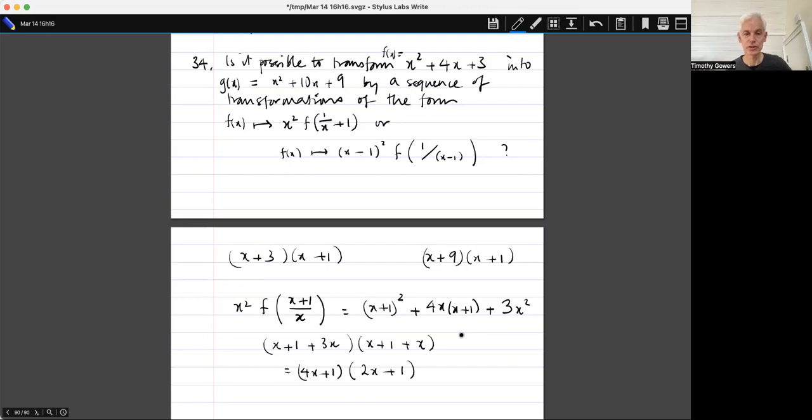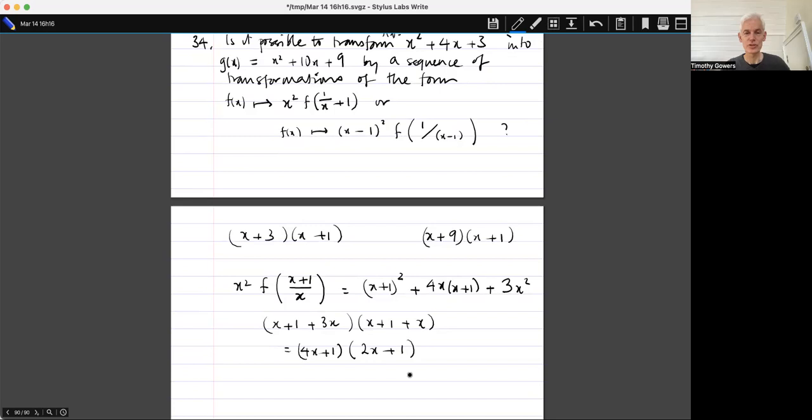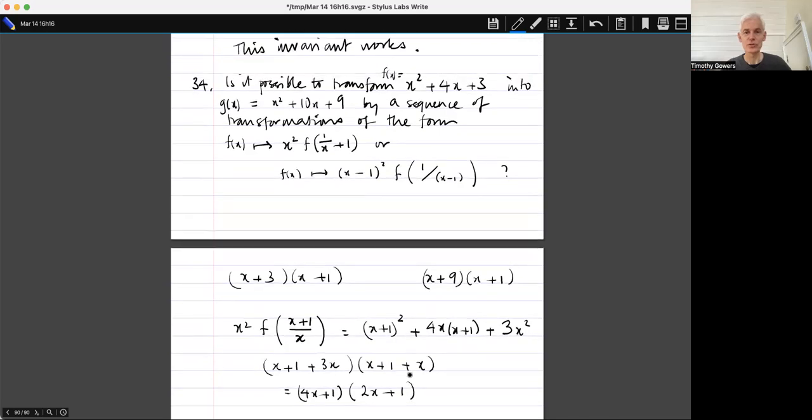I hope that's right. So it's x plus 1 over x plus 3, x plus 1 over x plus 1. But I'm allowed to multiply both through by an x. So I get x plus 1 plus 3x, x plus 1 plus x. Yes, that checks out.